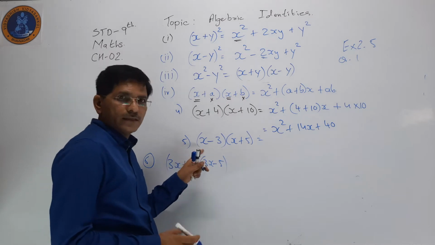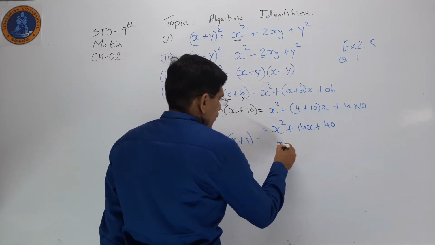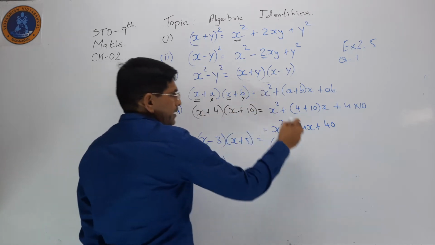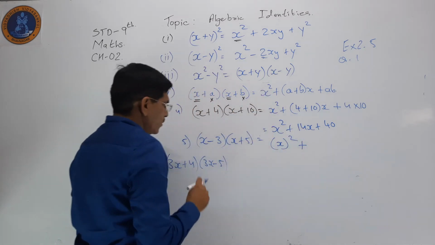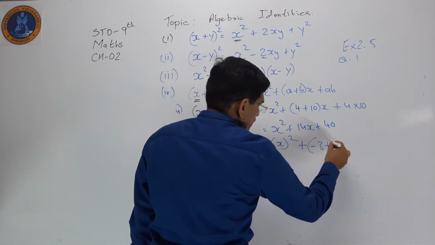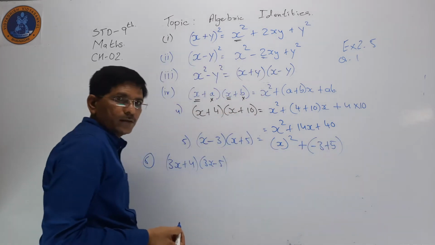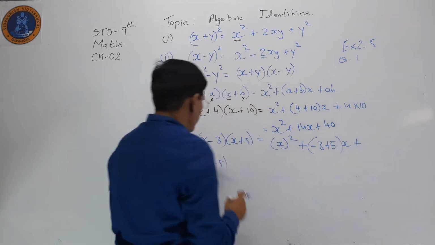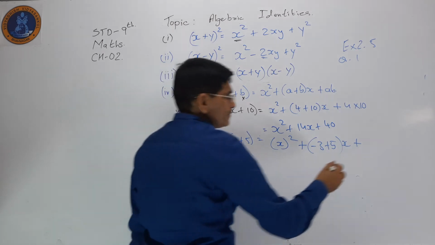Okay, let me try. x whole square, formula, that is plus. Now minus 3 plus 5. So in bracket I have to write minus 3 plus 5. Bracket over. x is there, I have to write x. Again minus 3 into 5.